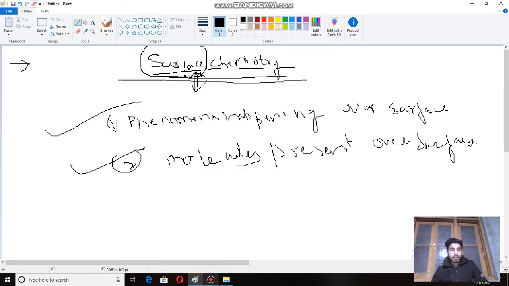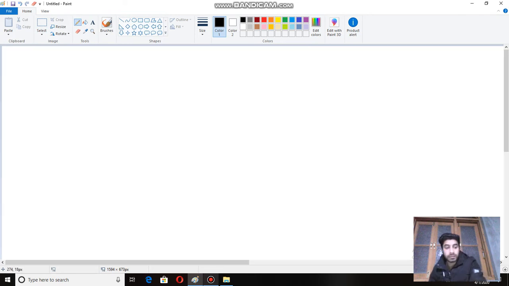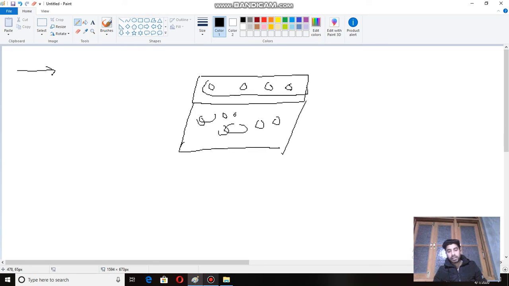Let's move forward to the next slide. And here we have understood that the molecules present on this surface have relatively larger amount of energy than the molecules present in the bulk of the material. This property, having higher energy of these molecules present on the surface, becomes the reason for many of the properties of the material.